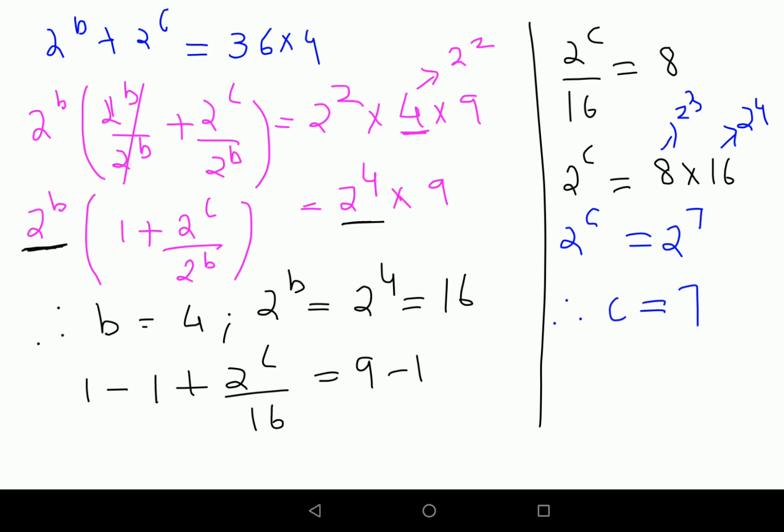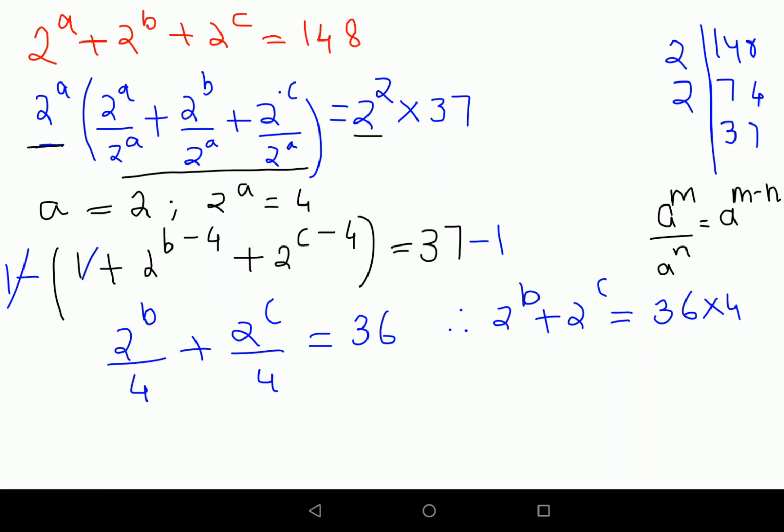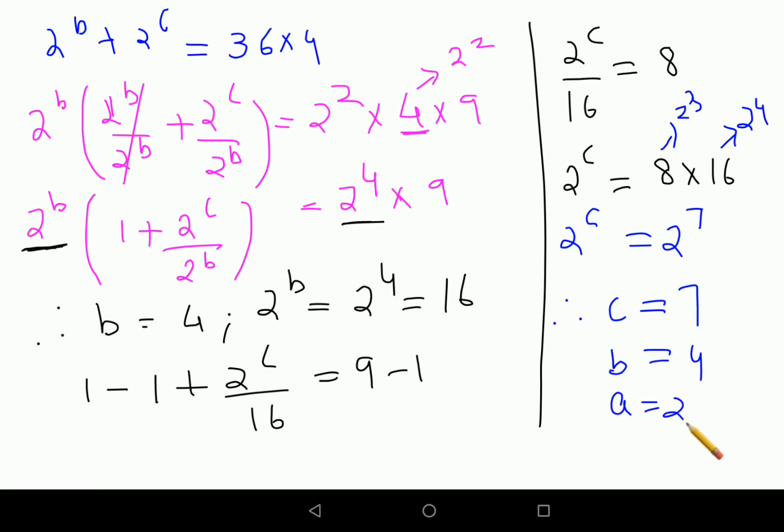So basically I got the value of c as 7, the value of b as 4, and the value of a, which I had found previously, is 2.